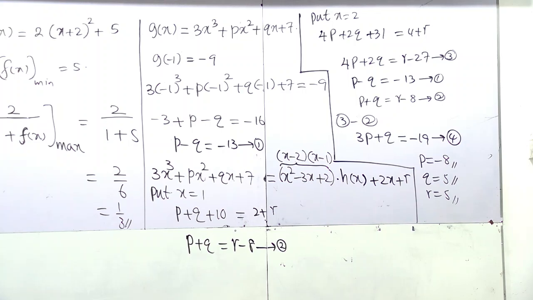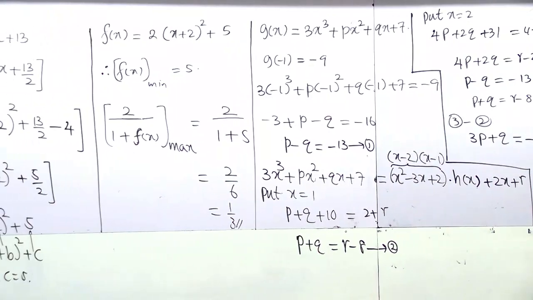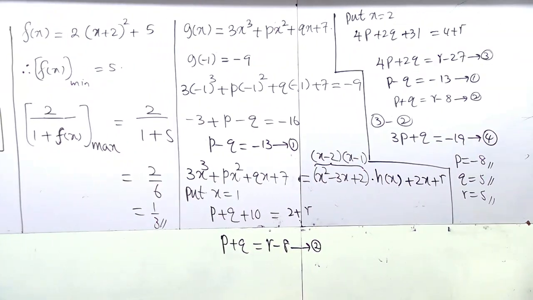Right, using these values of p and q, find the quotient and remainder when g(x) is divided by x squared plus 2, right? These 3 answers, p, q, r, now we found.